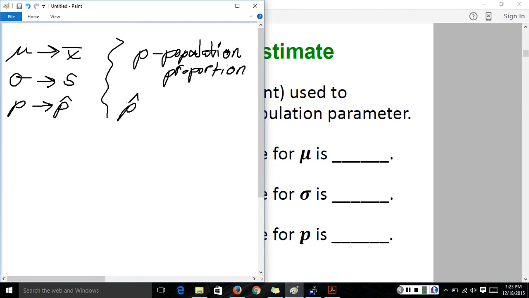P hat is the symbol for sample proportion. So p hat is the sample proportion. P without a hat is population proportion. Those are two new symbols.